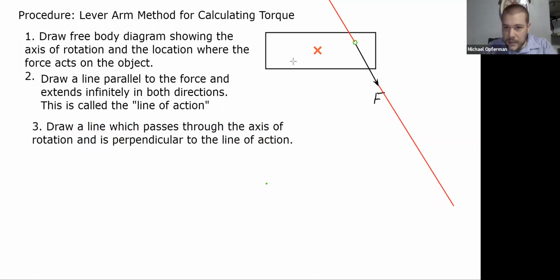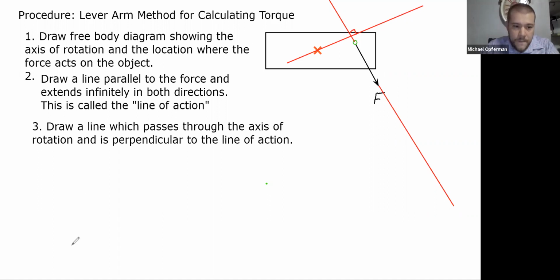It would be something like this. Okay, so it has to pass through the X and it has to be perpendicular to the other line I drew. These lines might not be exactly perpendicular, but if you want the drawing to be accurate, this should be a right angle where these two lines meet. Okay?